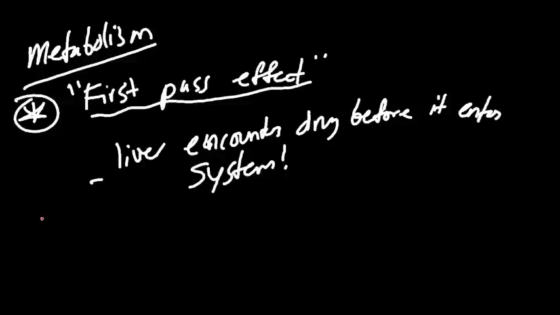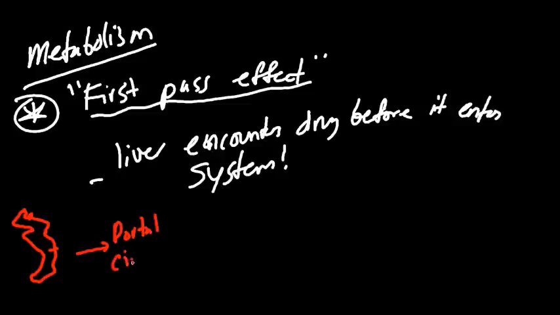So here's our intestine. You can tell that I am not an art major. That is not an intestine, but we are going to say it is. So in our intestine, the drug gets absorbed and goes to our portal circulation.